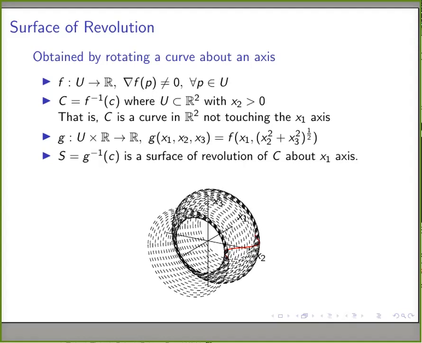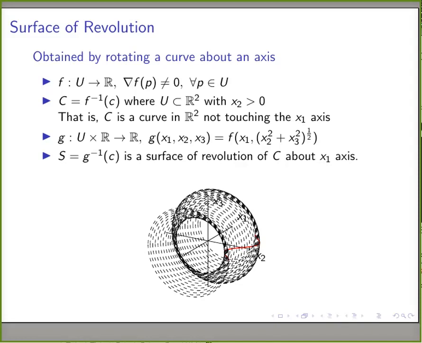From f, we can construct a function g from U cross R to R, where g of (x1, x2, x3) is f of (x1, square root of x2 square plus x3 square). If you look at this expression, instead of f of (x1, x2), we are introducing a circle for each point x1.